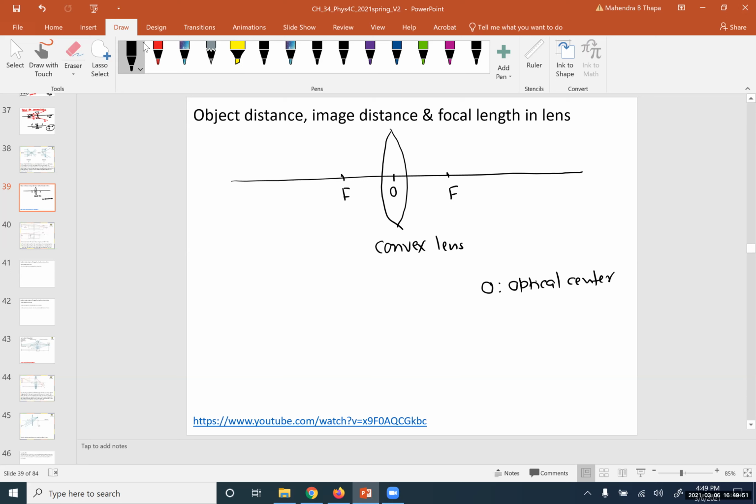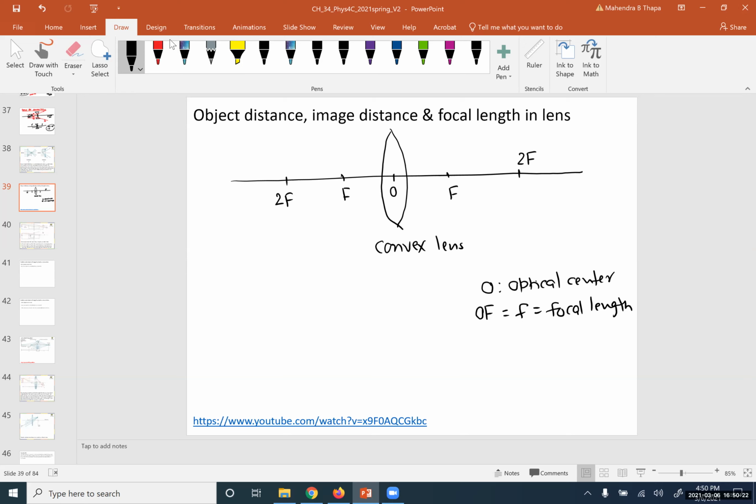Instead of R, we use twice F. The other position will also be twice F. So OF is the focal length, and 2F is at a distance twice the focal length.